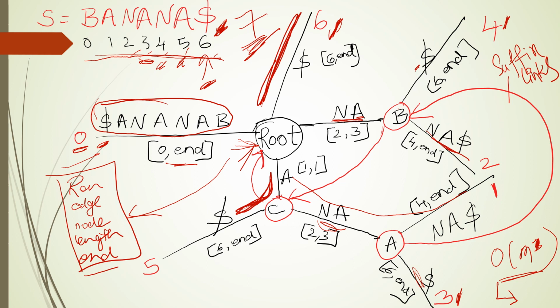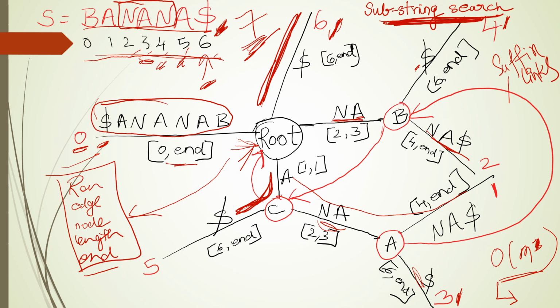So let's see the applications of suffix trees. The first and the best application is substring search. So what is a substring search? Substring search is if we have the same string banana now, and we need NAN, which is a substring of banana, how do we find it?